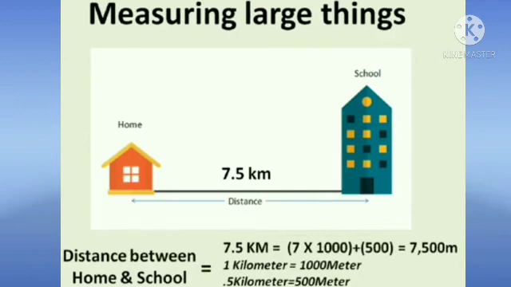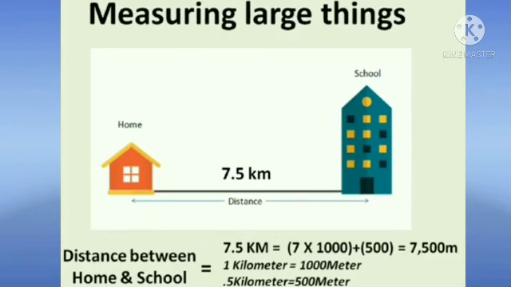Children, see here, 1 kilometer is equal to 1000 meters and half kilometer is 500 meters, and the total is 7500 meters. Children, it is easy to say 7.5 kilometers rather than 7500 meters.